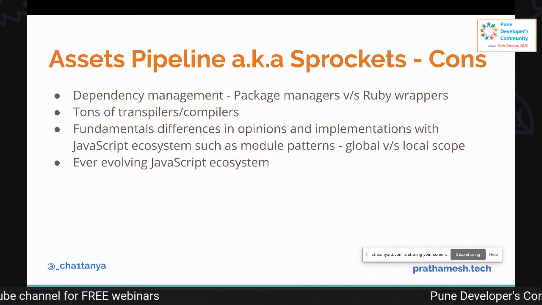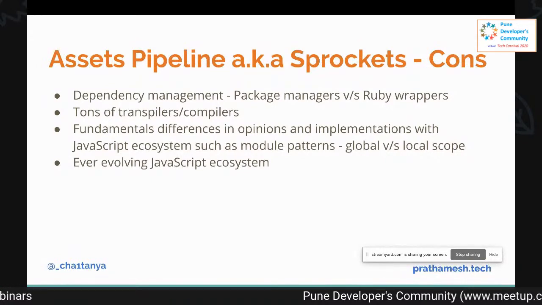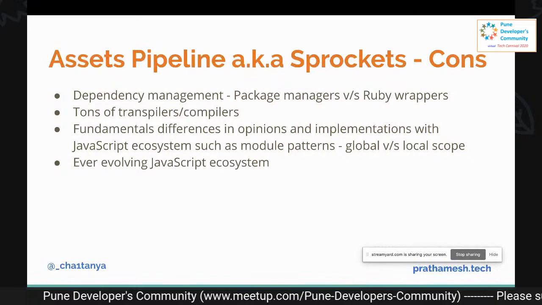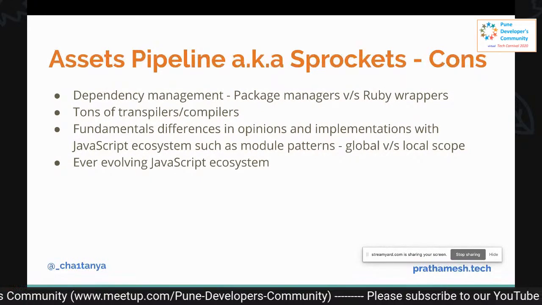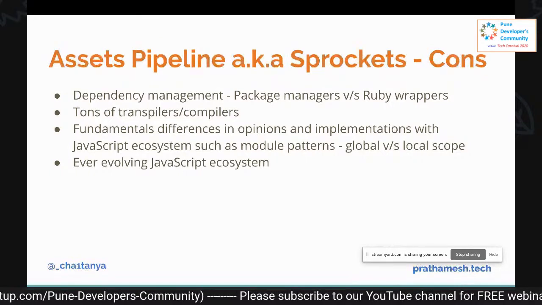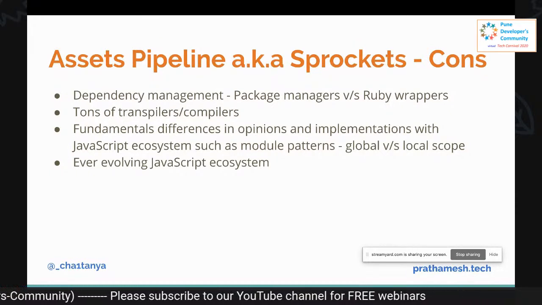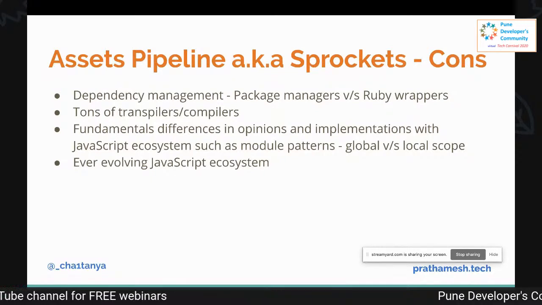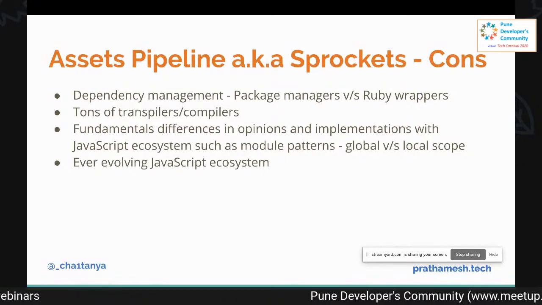Also, one more important factor is that during the initial days, there were not many apps which were JavaScript heavy. But these days, if we look at most of the applications that we build, we think about the front end or the UI part as a first class citizen. We want to have a good, interactive, rich UI.